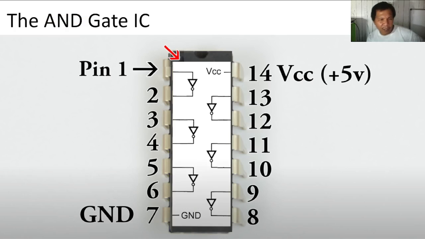Now let's take a look at the internals of your NOT gate. Take note, this is your NOT gate. The NOT gate has one input and one output. So take note of the orientation of the pins of the gate.